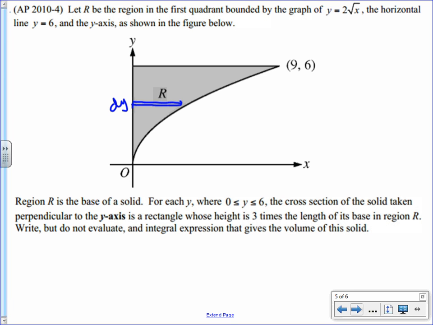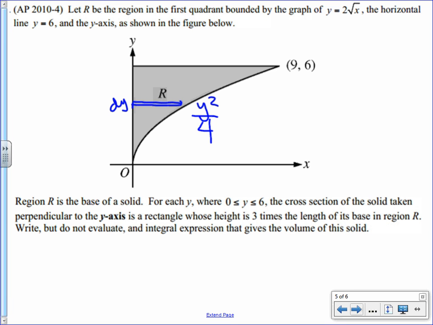Which means I need to know what this equation is. Y squared over 4. Do we agree? Y over 2. So y over 2, and then we have to square that, which is y squared over 4. Okay?